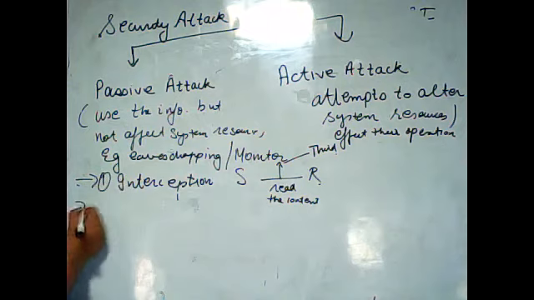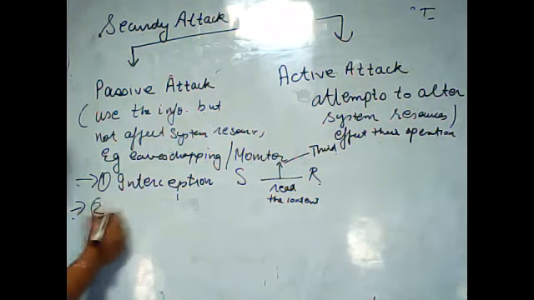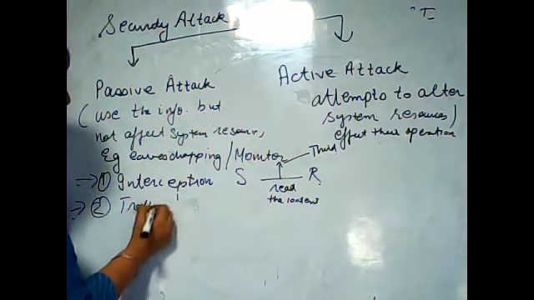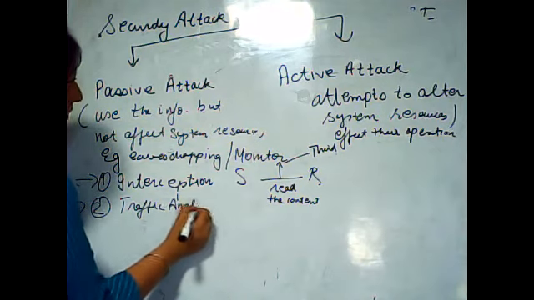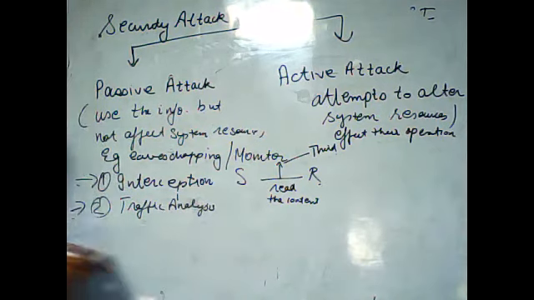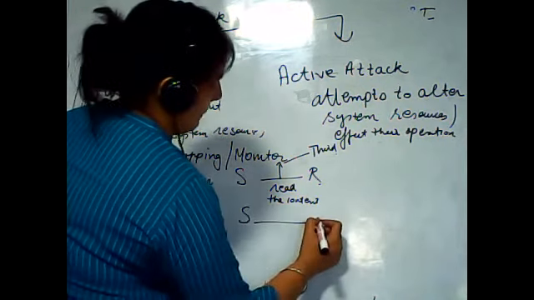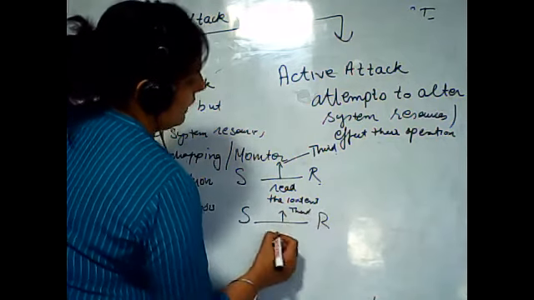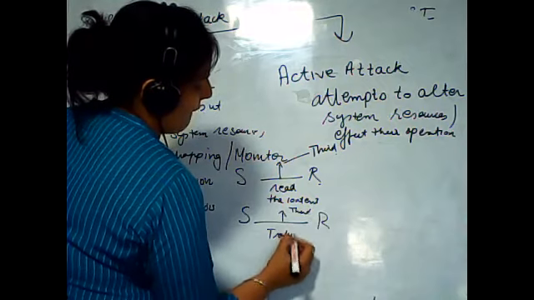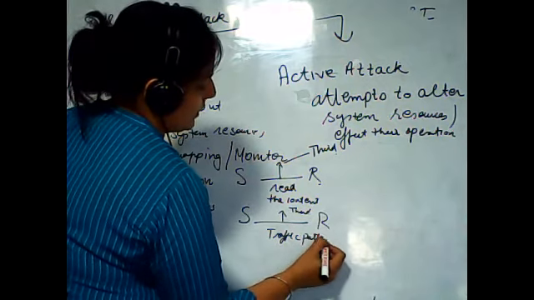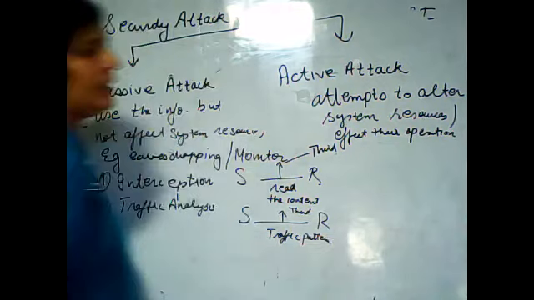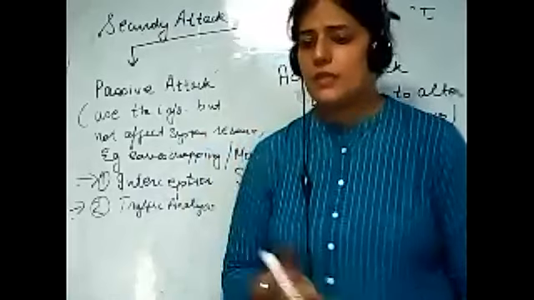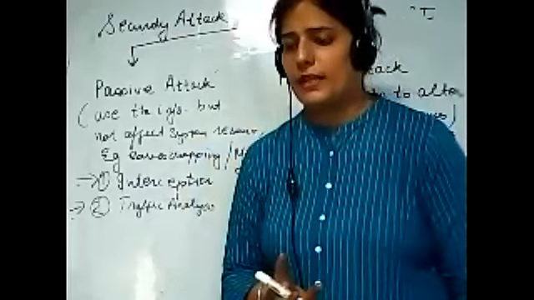The second method is traffic analysis. Now, what will this traffic analysis do? It will just watch your traffic pattern. The third party will see how many packets you are sending, what is the size of that particular packet, and at what time you are sending it.